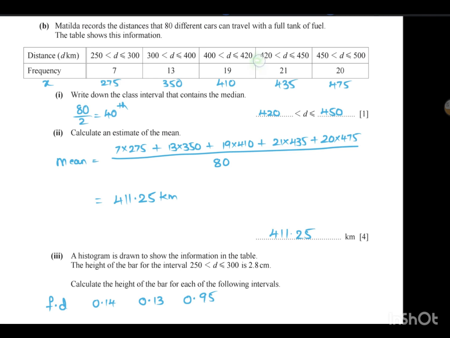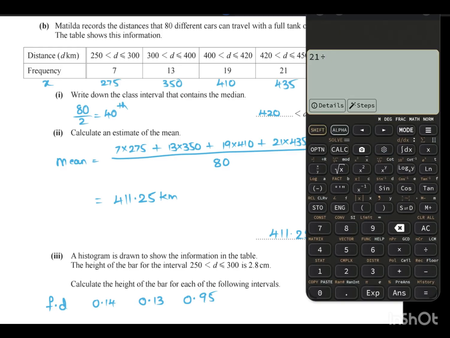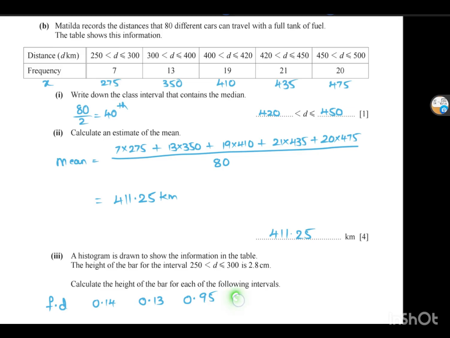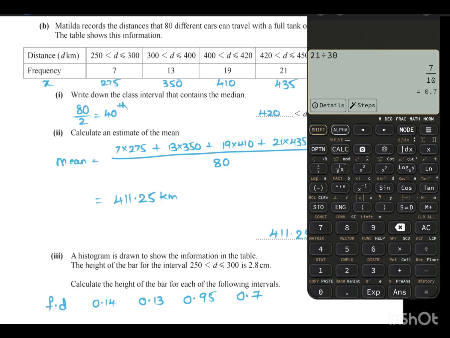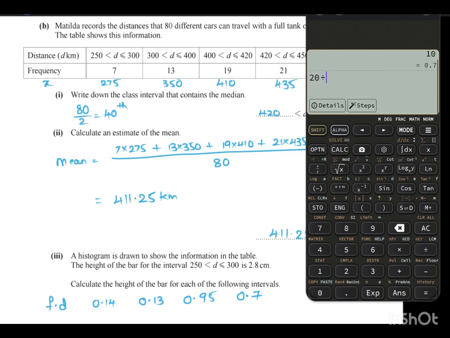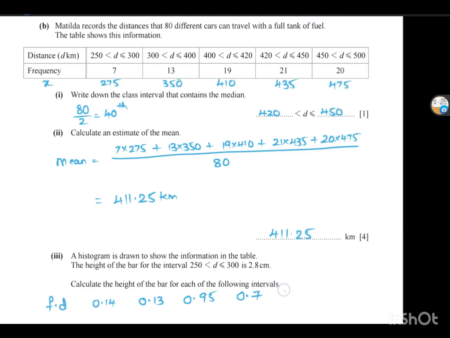The class is 420 to 450, so it is 30. So 21 divided by 30 is 0.7. Next, the class size is 50. So 20 divided by 50 is 0.4. Now we got the frequency densities of all the classes.